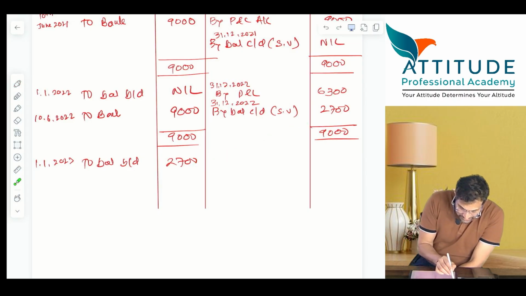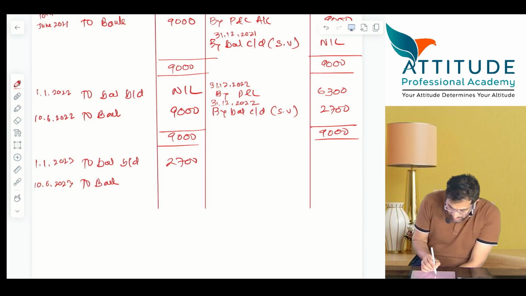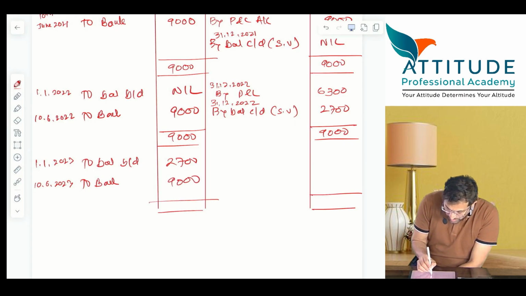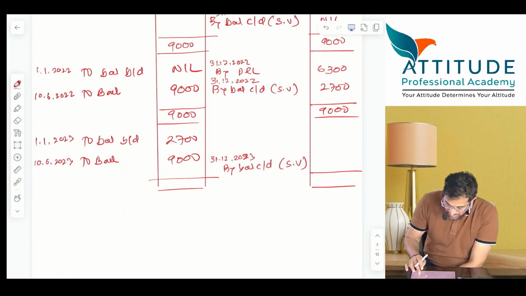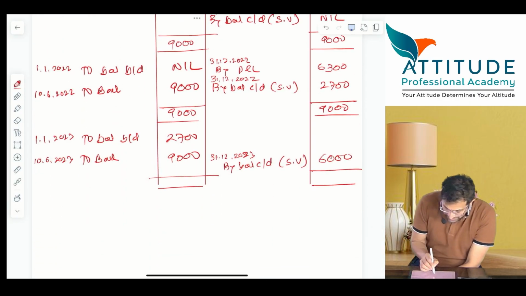Now tell me, in 2023 also you paid a premium on 10th June. 10th June 2023, to bank. How much premium? 9,000. Now tell me the surrender value. 31st December 2023, by balance carried down, surrender value SV. How much was it given? 6,000. Yes, now see how much is the total here. 11,700 minus 6,000.